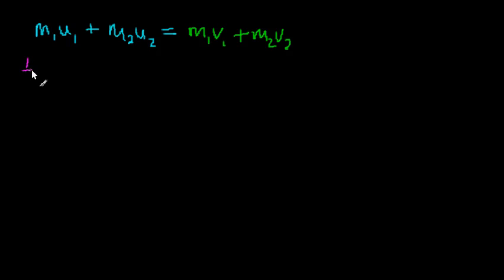I'll start by writing down the momentum equation. So the momentum equation is m1u1 for one ball before colliding, plus m2u2, the momentum of the other ball, is equal to, after colliding, the momenta m1v1 plus m2v2. And for the kinetic energy, before colliding we have half m1u1 squared for ball 1 and half m2u2 squared for ball number 2.